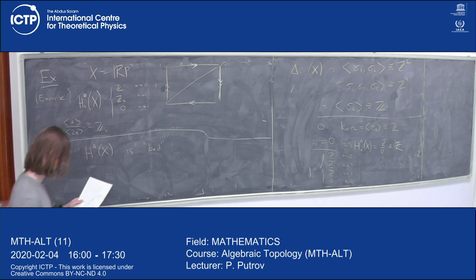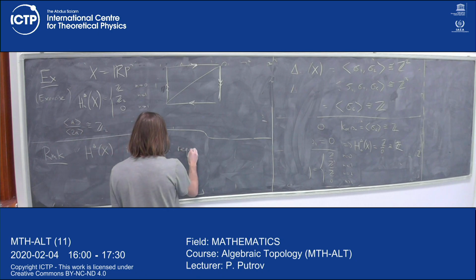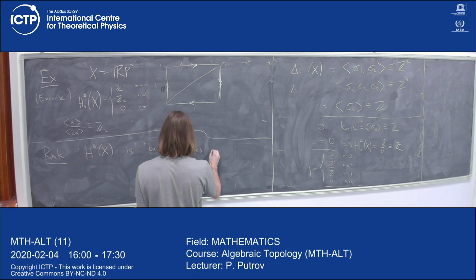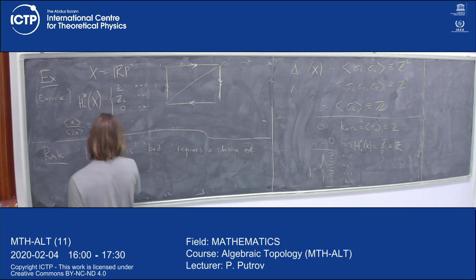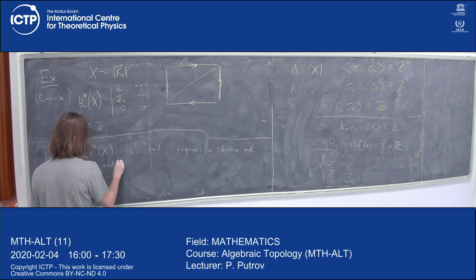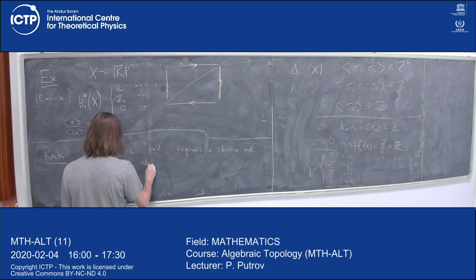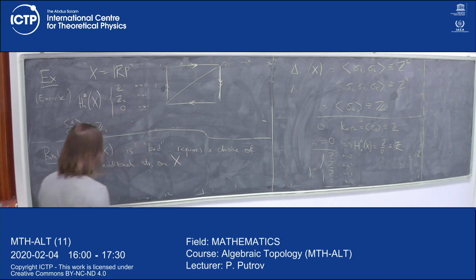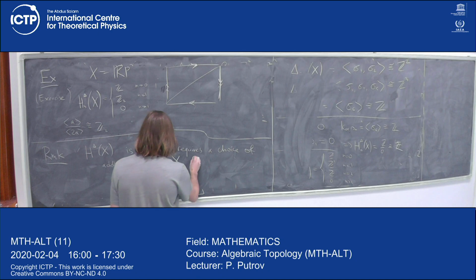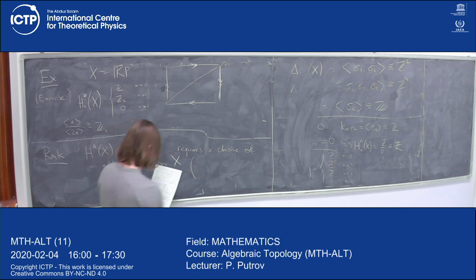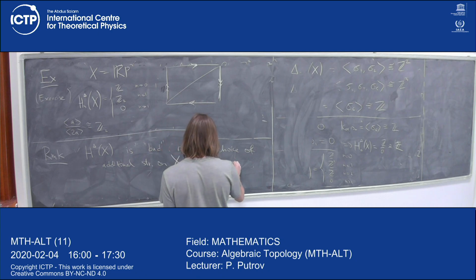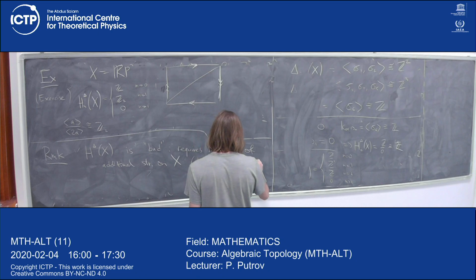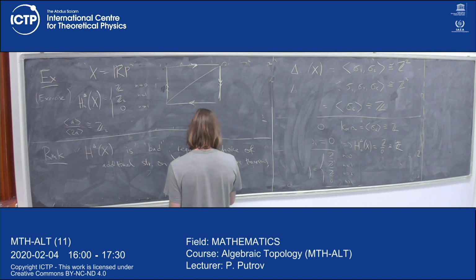It's bad because the definition requires a choice of additional structure on X. It's bad in a certain sense, because using this definition it's hard to prove theorems. But it's very easy to calculate.